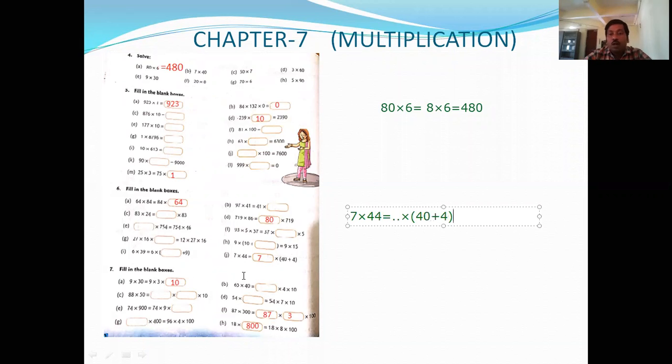Now how can we write these numbers? 40 plus 4, it is simplified to 40, then our answer will be 7 into 40 plus 4. This is your answer.